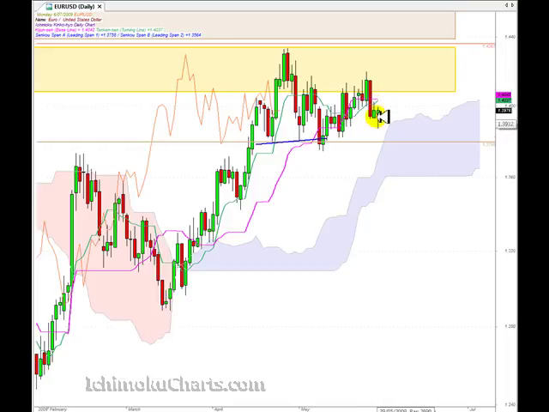What we want to see is the bears in the ascendancy as the market's selling off in a downtrend, but we've got the bulls in the ascendancy here. The market has closed up towards the high, which means that on the day, the bulls have closed the market with some strong control, and they're fairly strongly committed. Now, they weren't committed enough, though, to take out the previous day's high, so that says something as well.